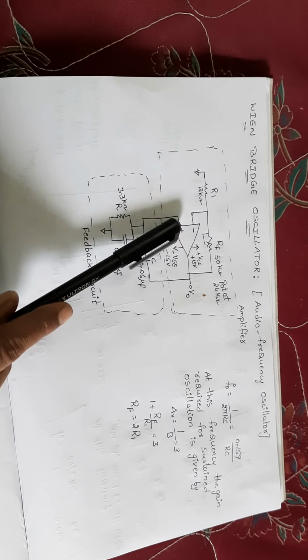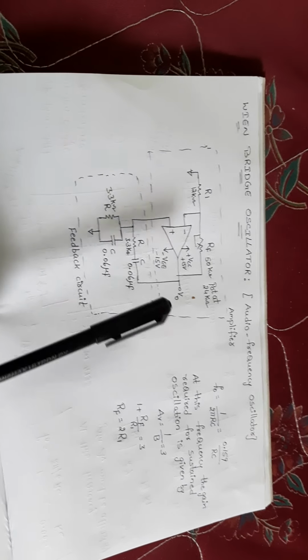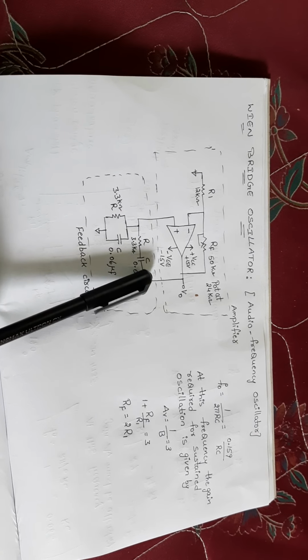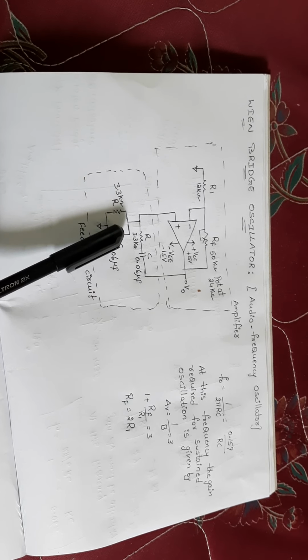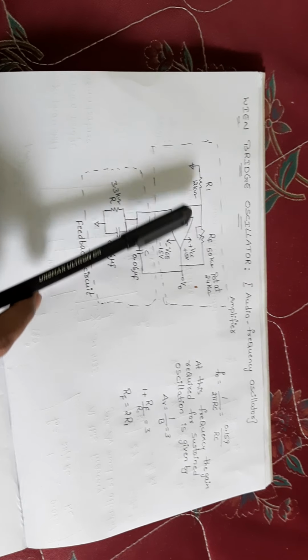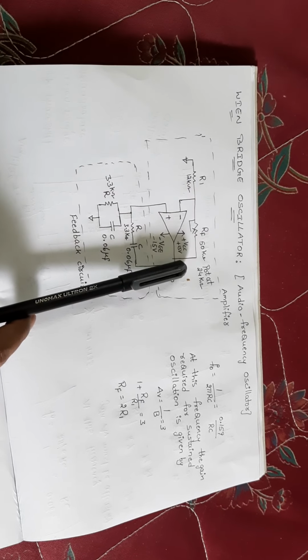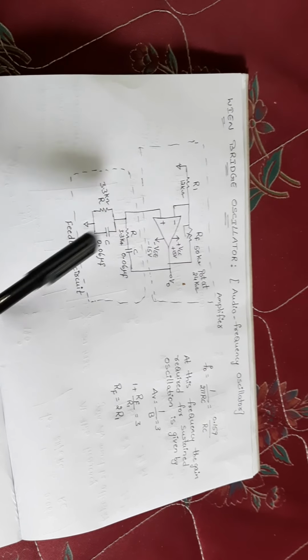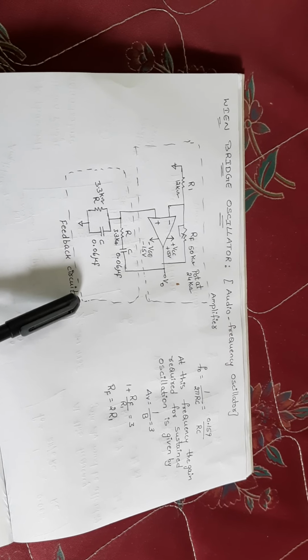Remember, here there is positive feedback, with a series RC in one arm and a parallel RC in the other arm. The remaining two resistors are R1 and RF. The total phase shift around this network is 0 degrees.